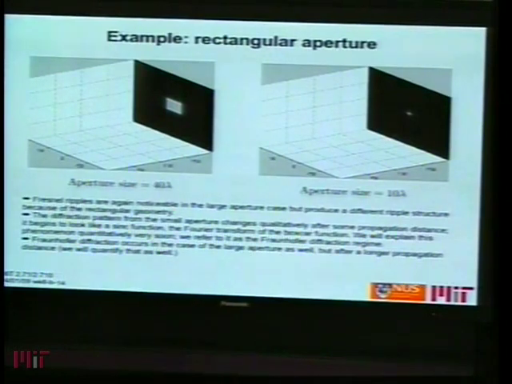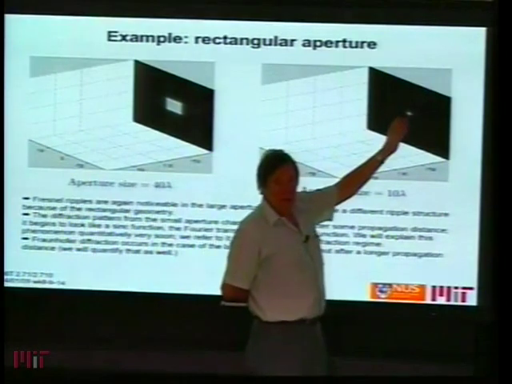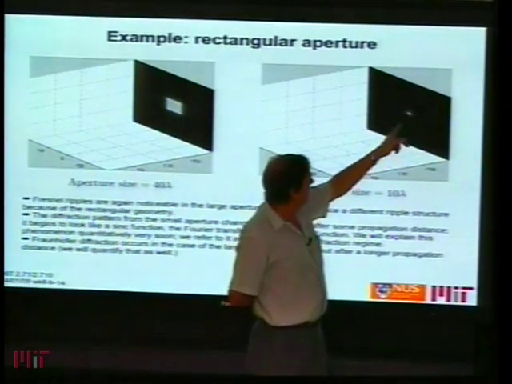What does it say? Well, we haven't done Fraunhofer diffraction yet, have we? This is an example of Fraunhofer diffraction then. If you're a long way away, you get what's called Fraunhofer diffraction. This is what it looks like.